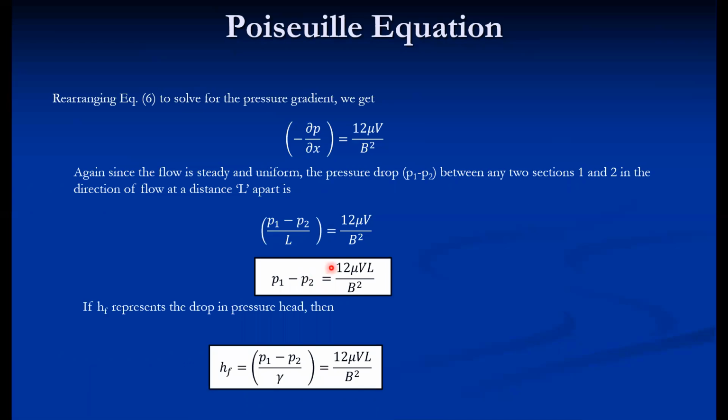This expression is called the Poiseuille equation. Like in the previous case, the expression for a circular pipe is called the Hagen-Poiseuille equation. There it was 32 mu V L by d square. Here it is 12 mu V L by b square.